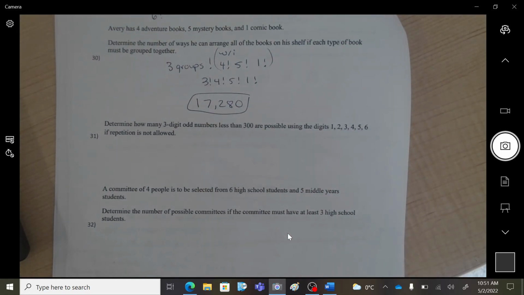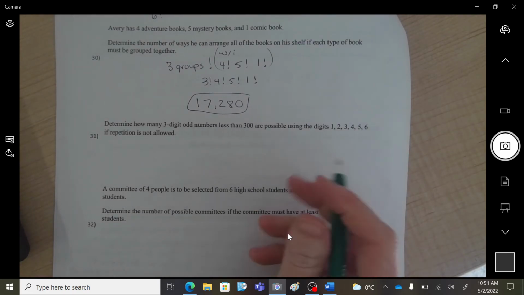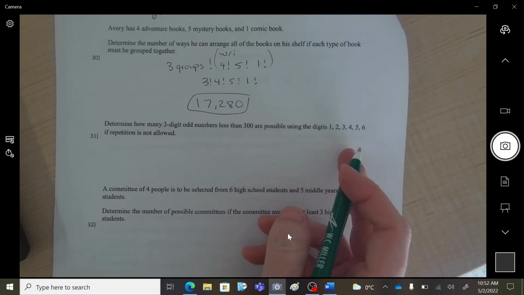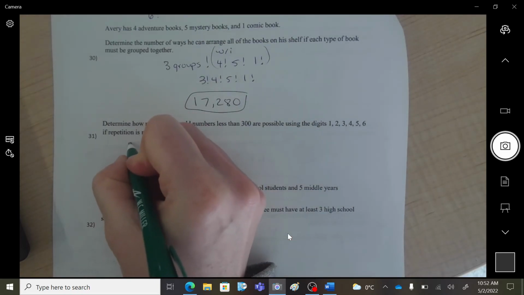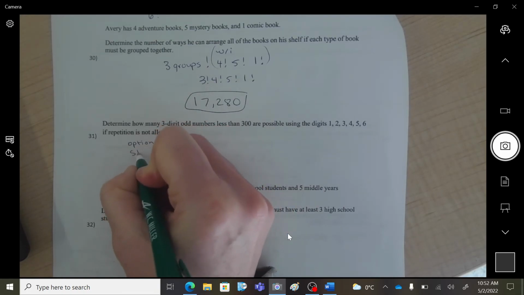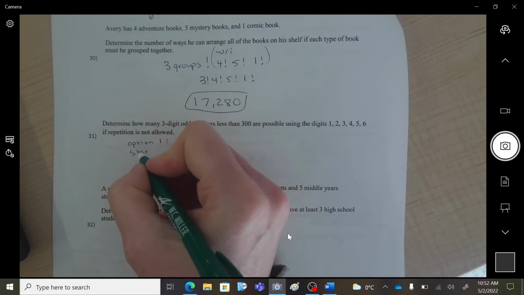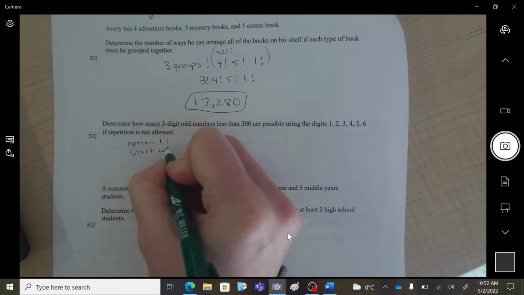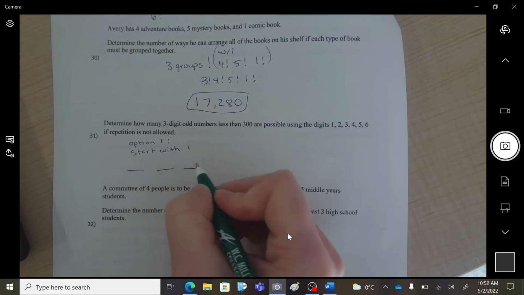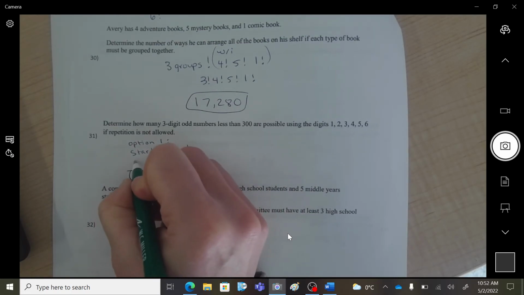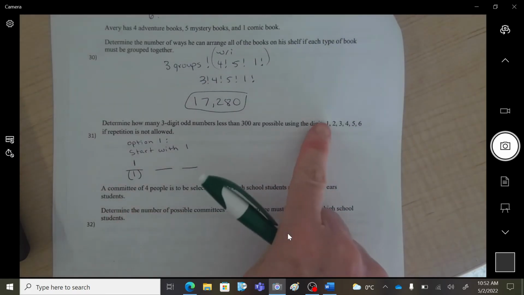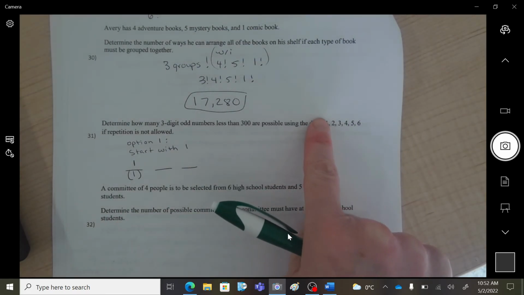Determine how many 3-digit odd numbers less than 300 are possible using those digits. Repetition is not allowed. So less than 300, option 1 would be that it would start with a 1. So I put a 1 there, so there's one way to do that. So if the 1 is used, we're going to go to the end here.